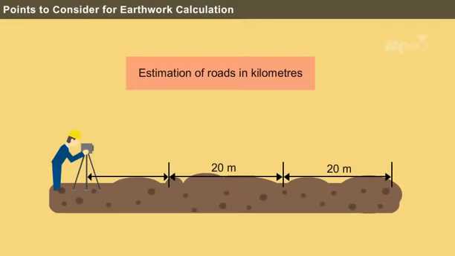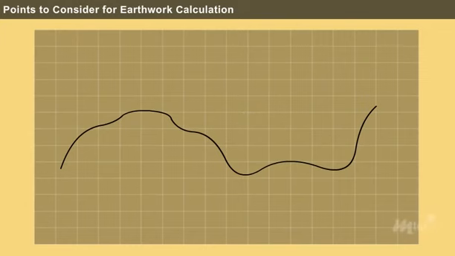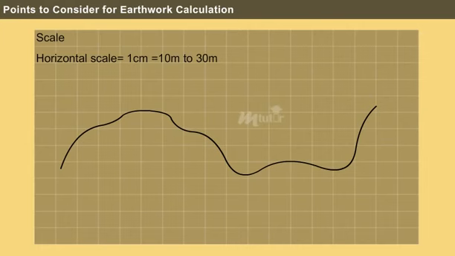Mostly, the estimation of the road is calculated in kilometers. Scale. Generally, while plotting the longitudinal section with a horizontal scale, 1 centimeter is equal to 10 meters to 30 meters and in the vertical scale, 1 centimeter is equal to 1 meter to 5 meters.